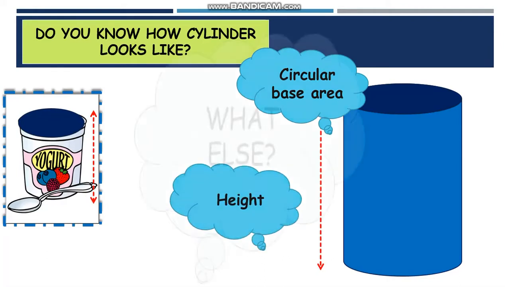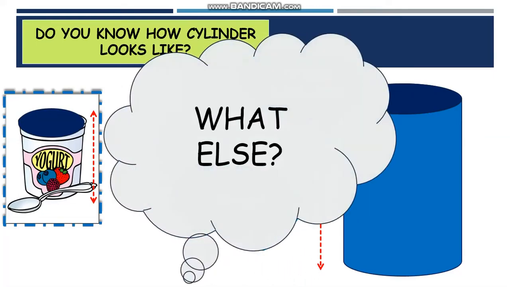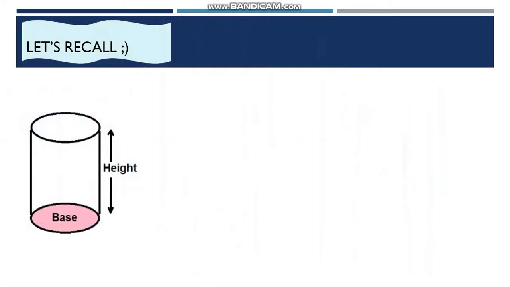What else? The only similarity is the base and height? I think it is not. When we say the cylinder has a base and height, we can also think about other geometric shapes. So, what is the special property or element that the cylinder has?